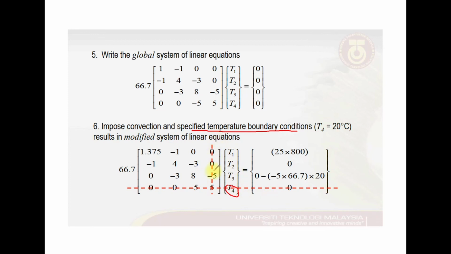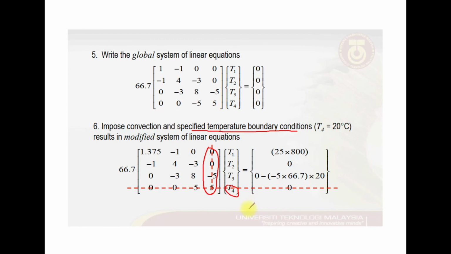And since we eliminate column number 4, we have to take this coefficient and bring it to the right hand side of the system of linear equations.